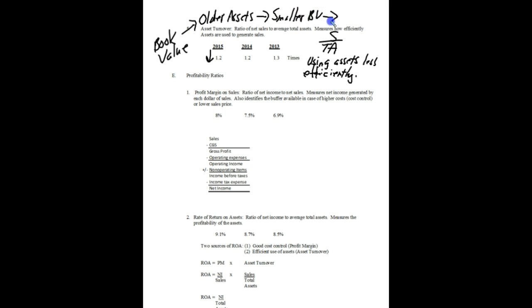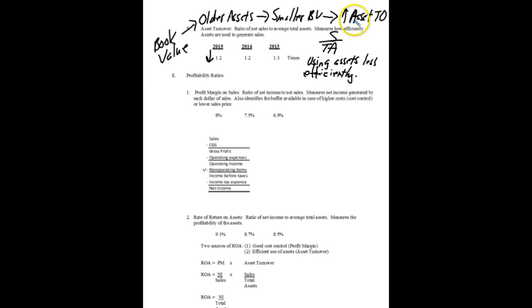And a smaller book value lends to a higher asset turnover. So you want to be careful that the accounting isn't just manipulating this ratio.